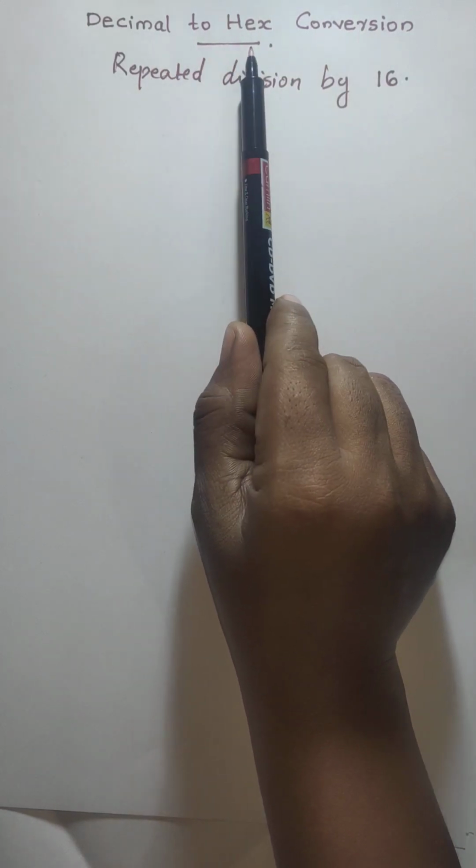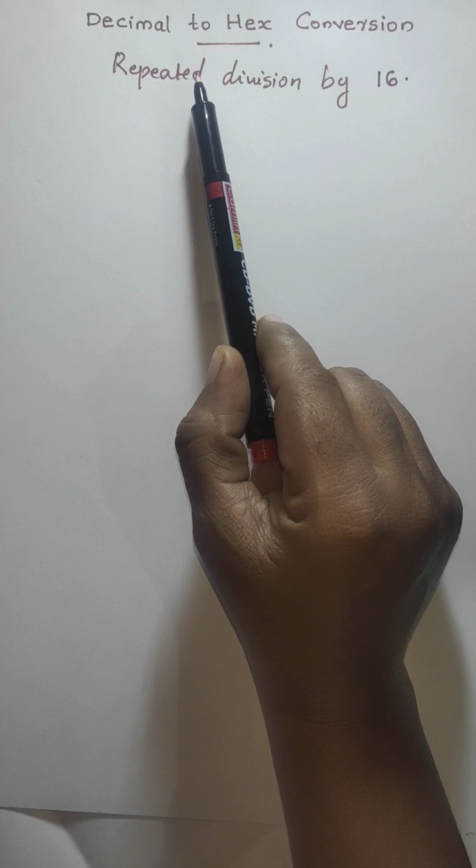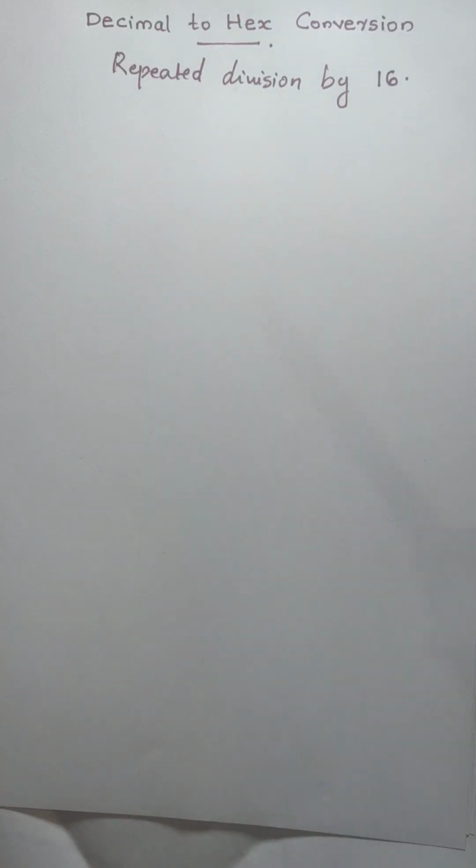Decimal number to hexadecimal. In the case of decimal to binary, the divisor is 2, and in the case of octal, it is repeated division by 8.